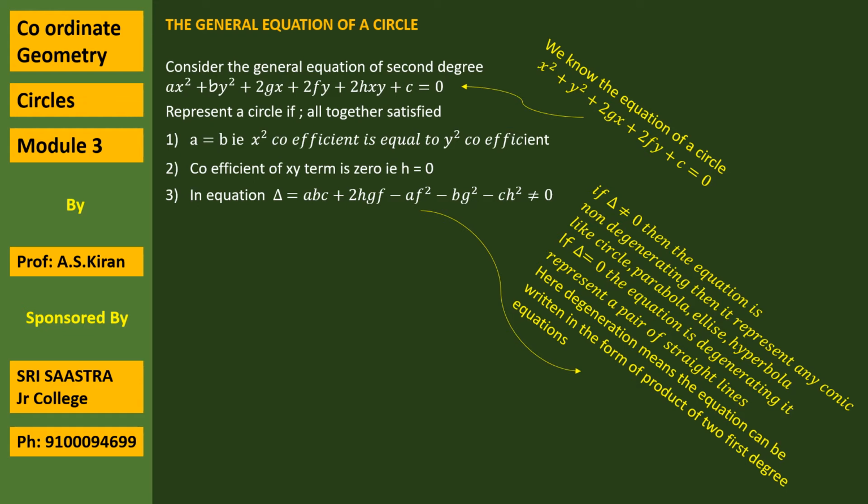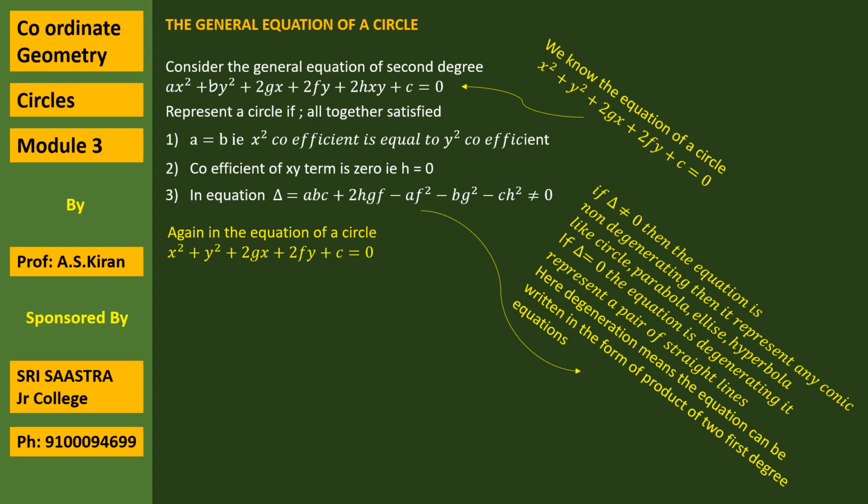If delta is equal to 0, the equation is degenerating. Able to understand? Now once again, briefing the topic. Any general equation ax square plus by square plus 2gx plus 2fy plus 2hxy plus c is equal to 0 represents a circle if the x square coefficient and y square coefficient are same, the coefficient of the xy term is 0 and delta is not equal to 0.